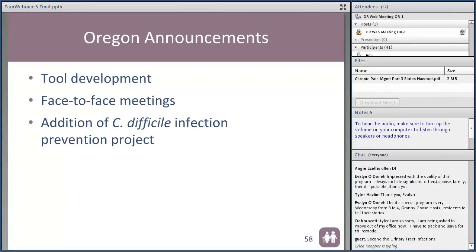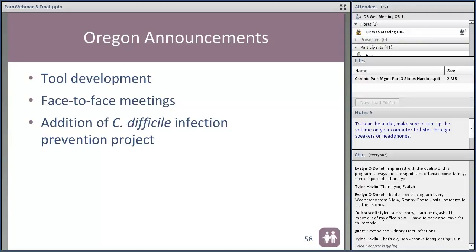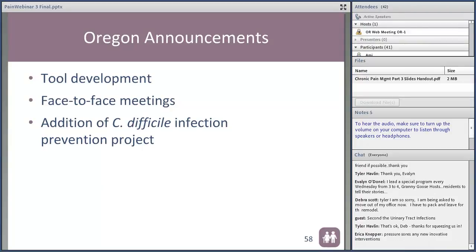A quick announcement for Oregon folks that are participating in our collaborative. As we've been teasing during this webinar series, our next step is tool development. We're going to be calling out to each of the leaders in our collaborative to be doing that tool development, and of course then having people review that and work on those tools together. We're also going to do a spring face-to-face meeting. We don't have a date for that yet. Spring, summer.